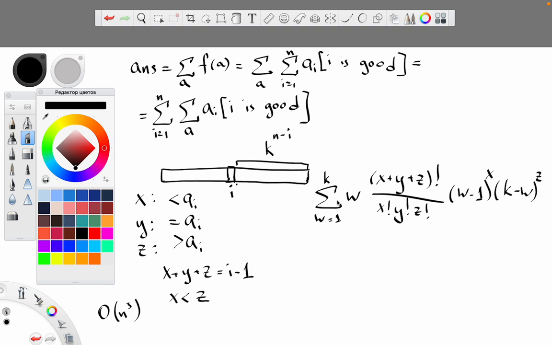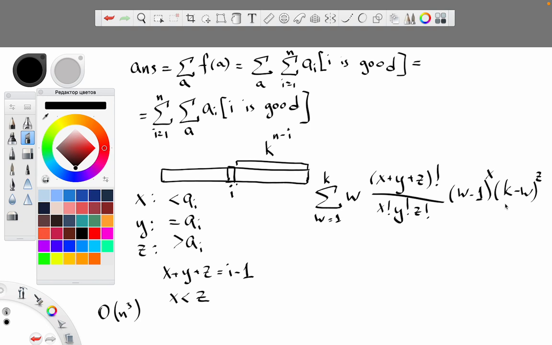So first of all, I have to check that the answer is actually a polynomial in k, because we have also k here. But yeah, surely for each power of w, the coefficient is just a polynomial in k.